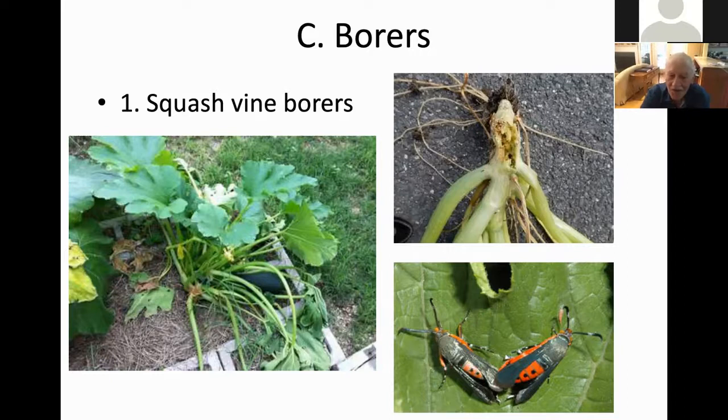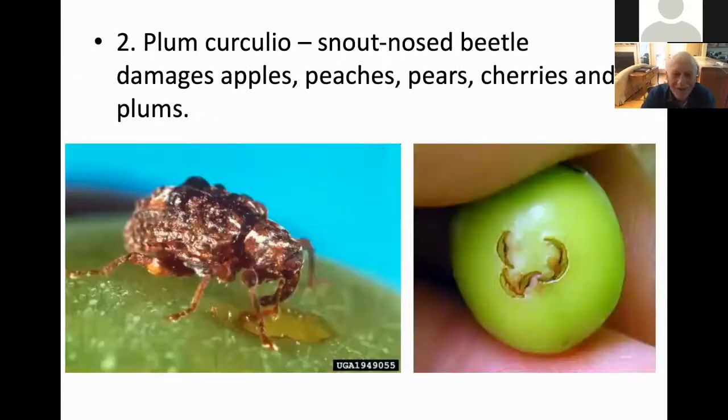The interesting thing is that if you're growing winter squash instead of summer squash like zucchini, the winter squash, like butternut, for example, have a solid stem instead of a kind of hollow, soft stem. And these guys don't attack the winter squash and the butternut squash. And so you're safer growing them.